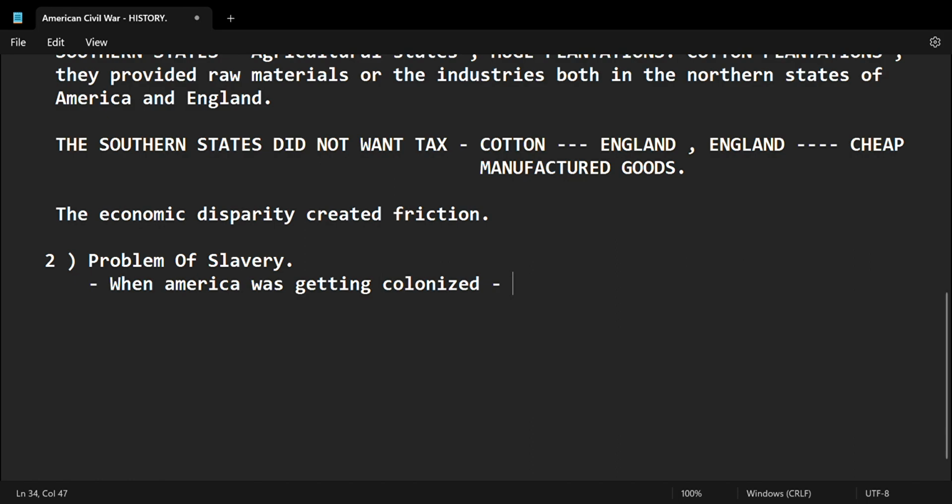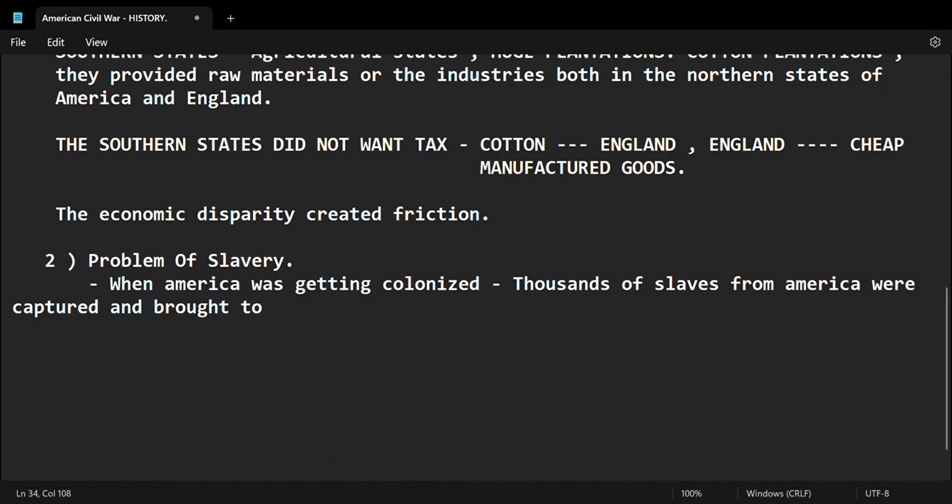Thousands of slaves from Africa were captured and brought to America. Why? Why were they brought? Because they were forced.